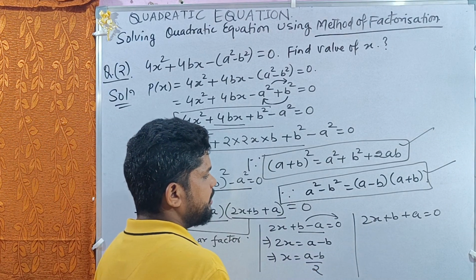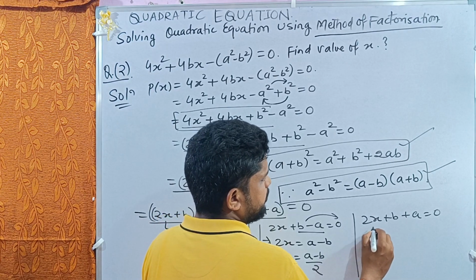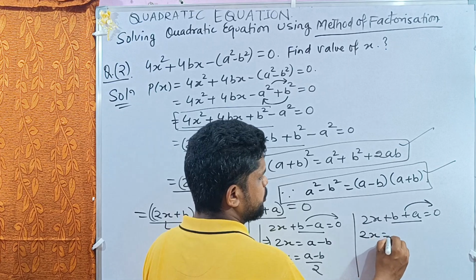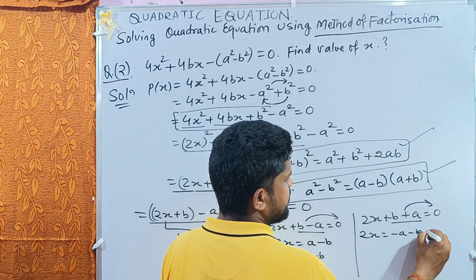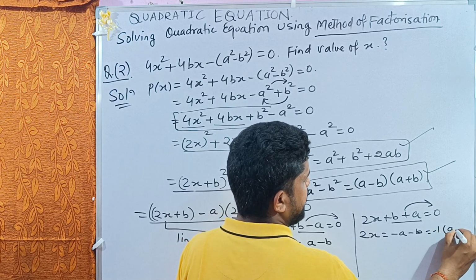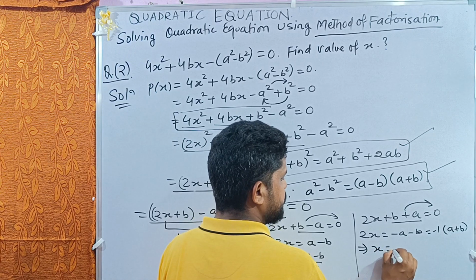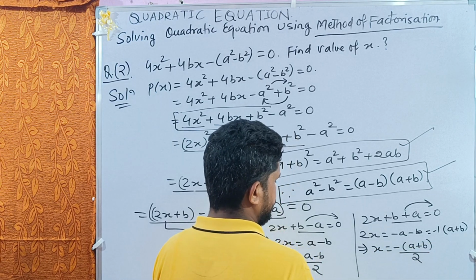On the other hand, when we shift this to the RHS, we will get 2x is equal to minus a minus b. Taking minus as common, we will get a plus b. This will give the value of x is equal to minus of a plus b whole divided by 2.